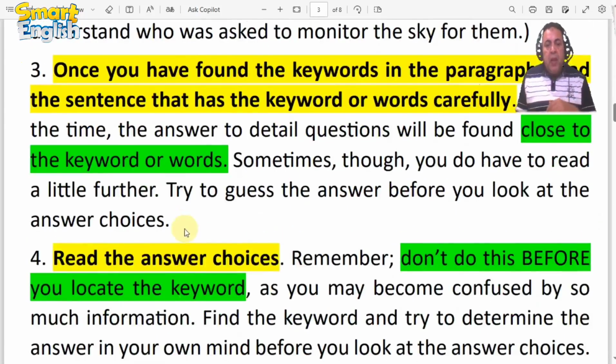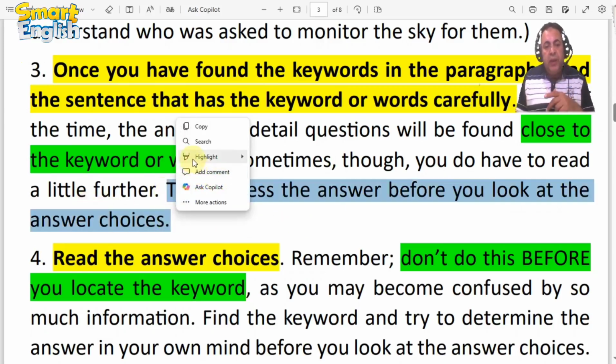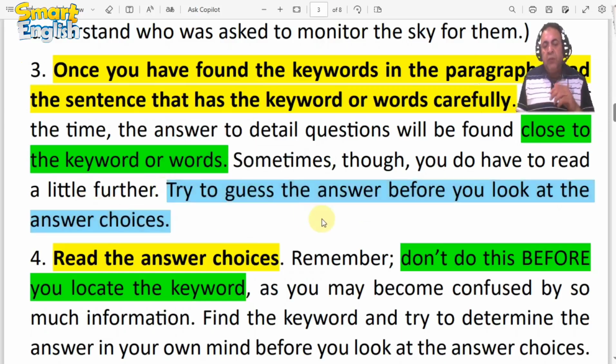Okay, try to guess the answer before you look at the answer choices. And this is a very important point here. Okay, very, very important point. Because if you look at the four choices before you summarize the idea mentioned in the passage, you will be confused and you will answer the question incorrectly.